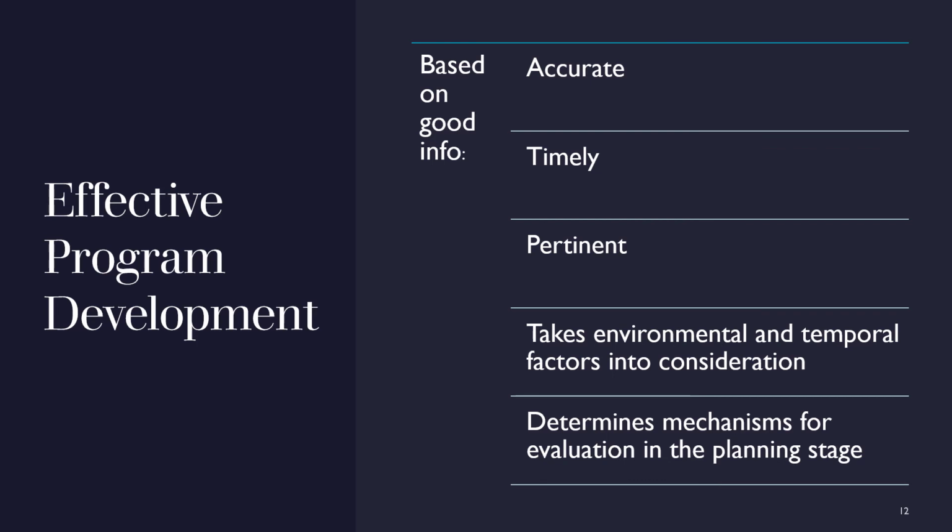It should always be based on good information that's accurate, timely, pertinent, relevant to the population that you're talking about, takes into account environmental limitations, things like transportation or the income of the population you're talking about, or the reading level of the population, or temporal factors.